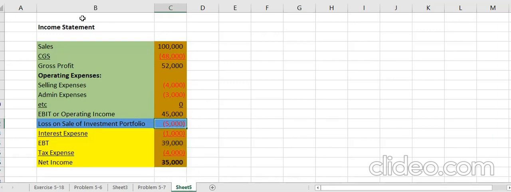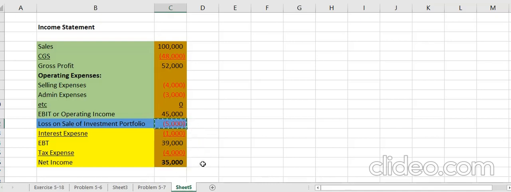So we had sales minus cost of goods sold equals gross profit, minus other expenses, and we got our operating income 45,000. Now we had a loss on the sale of investment portfolio $5,000, so obviously it will decrease my income. It makes sense. Which means that this income, $35,000, is already after the subtraction of 5,000.